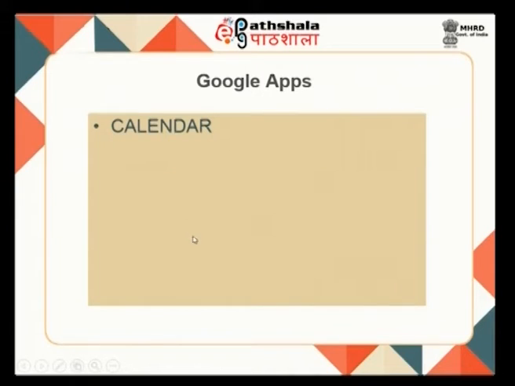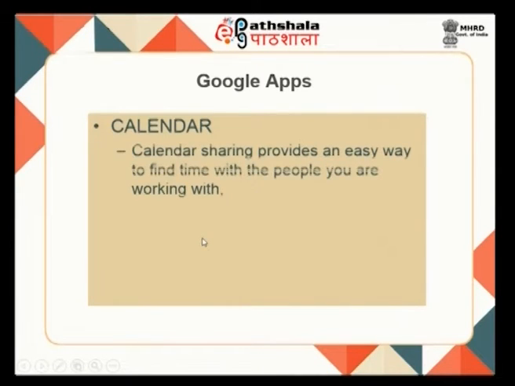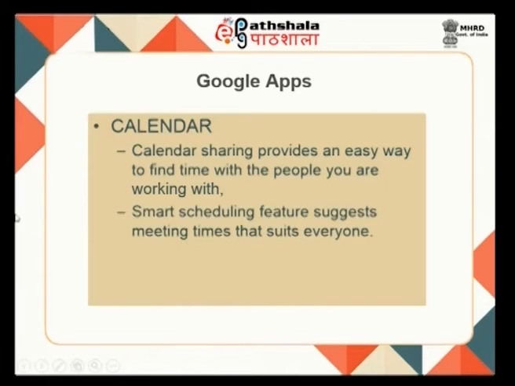The next app is Google Calendar. Google Calendar allows users to share in an easy way with other people the nature of your work, and scheduling is possible. It has a very important feature which can suggest the meeting time that is suitable for multiple people who are using the Google Calendar.